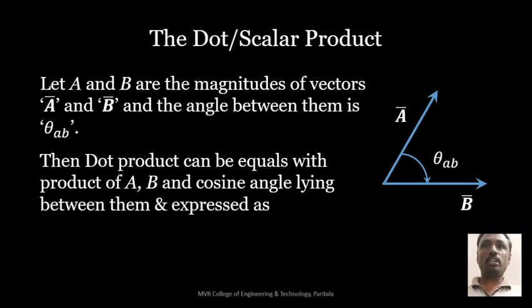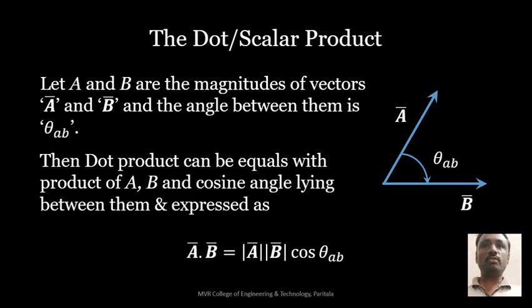So the dot product can be expressed as follows: A bar dot B bar is equal to magnitude of A into magnitude of B into cosine of the angle lying between them, theta AB.